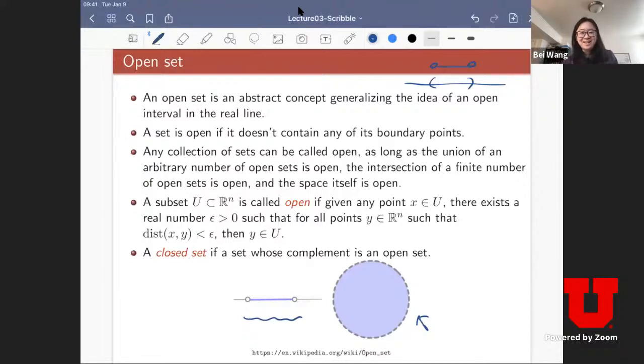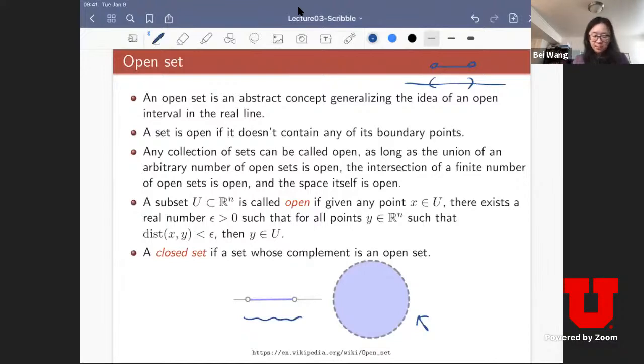It's a little bit overloaded, but it basically talks about when you can call a collection of subsets open. For example, the collection of open intervals is open because the union of arbitrary open intervals is always open, the intersection of a finite number is always open, and the space is also open.